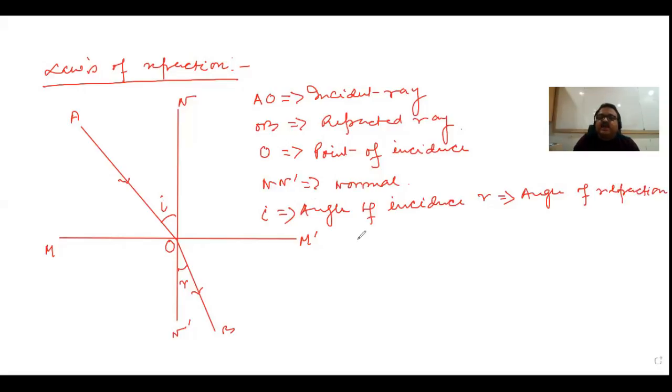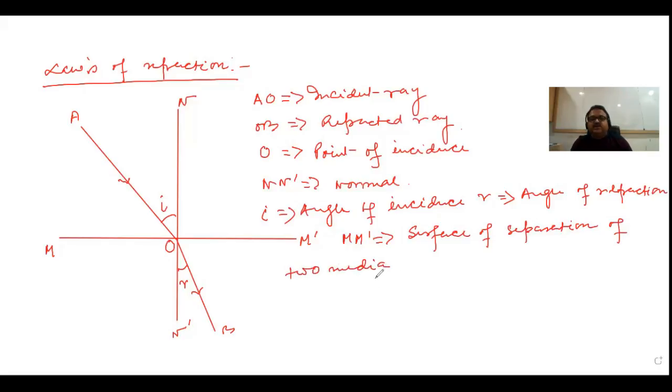Okay, i is called the angle of incidence, r is called the angle of refraction, and MM prime is called the surface of separation of two media. Correct?